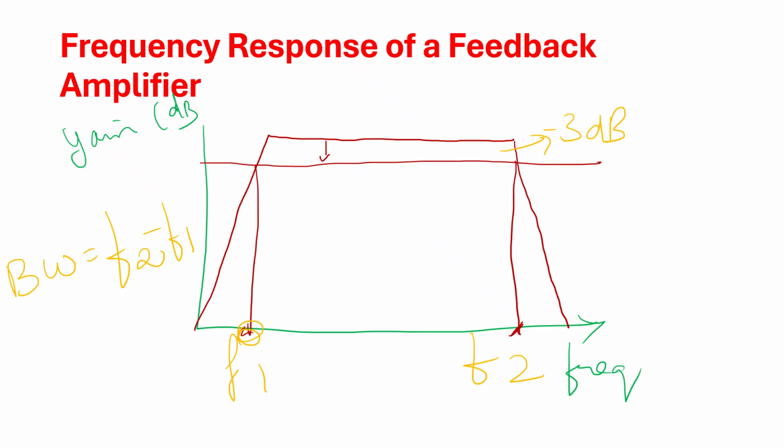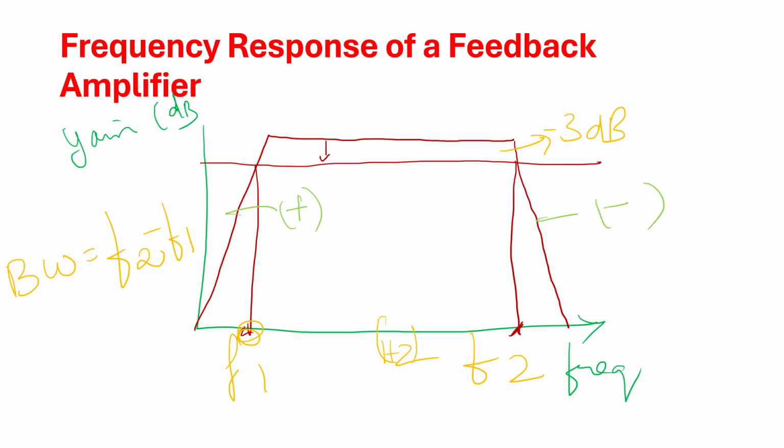This is also called higher frequency corner and lower frequency corner. The frequency here is in hertz. Yes, so this slope is called positive slope and this slope is called negative slope.